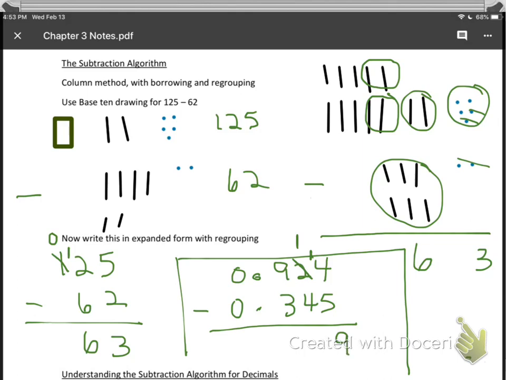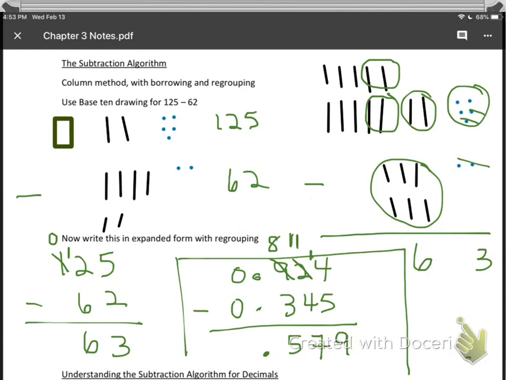Okay, 1 minus 4 I can't do, so I'm going over here to the 10th column. In the 10th, I'm going to make that an 8, and I'm going to make my 1 now an 11. Okay, so 11 minus 4 is going to be 7, and then 8 minus 3 is going to be 5.